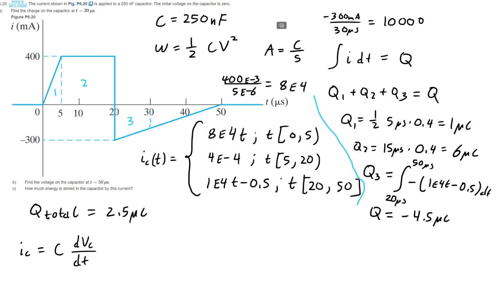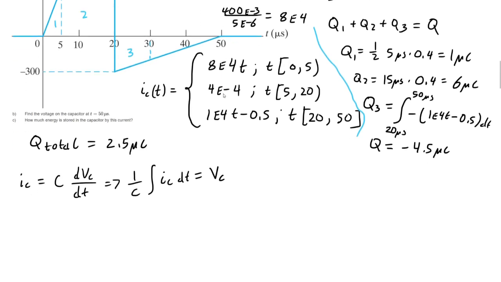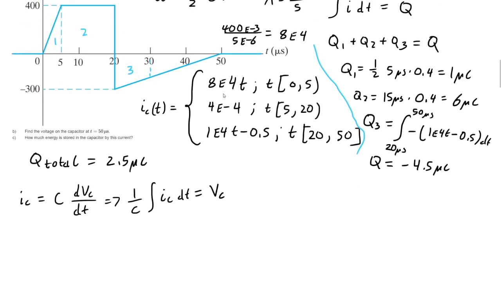If we divide by the capacitance and integrate over time, then you get the voltage across the capacitor. So we can do that, or we can use the integration that we've already done. We found the total charge, and just take the total charge and divide it by the capacitance.